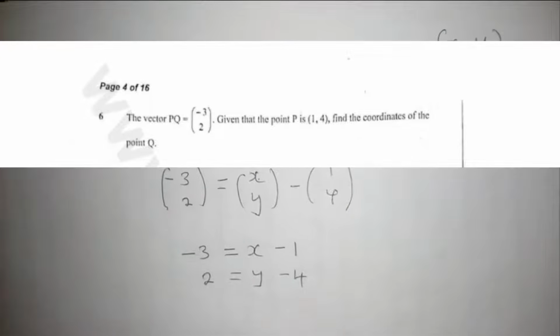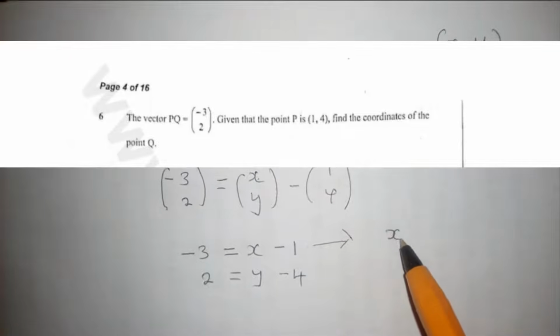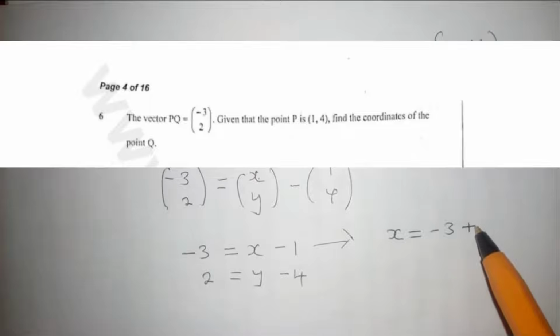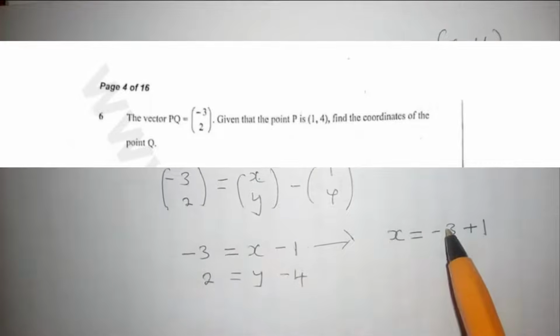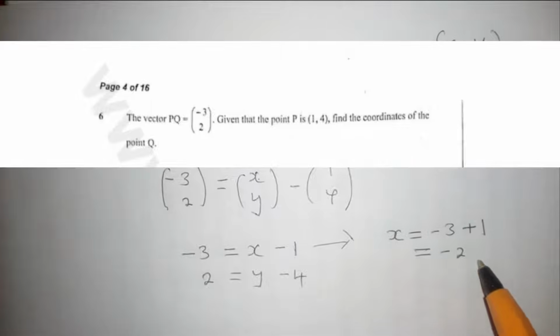So now we can solve these equations by grouping the like terms. We start with this one. We have x is equal to -3 plus 1, so when we solve we have -2. So our x is equal to -2.